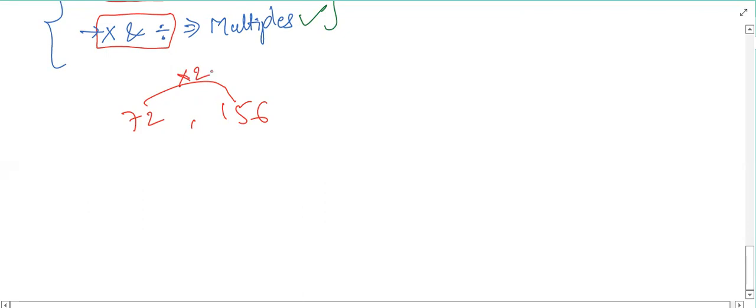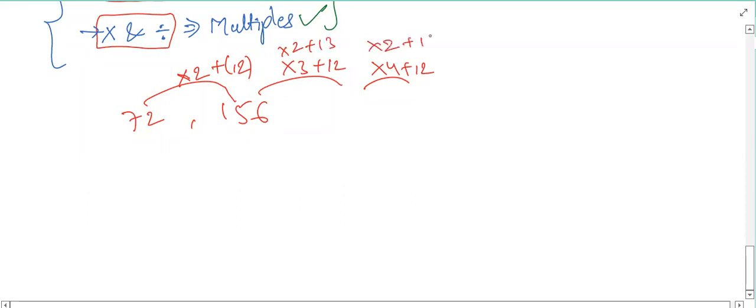After taking into 2, plus or minus something will come. 72 into 2 is 144, plus 12 is 156. The next number may be into 3 plus 12, or into 4 plus 12, or directly into 2 plus 13, or again into 2 plus 14.